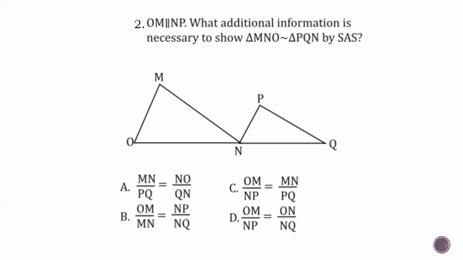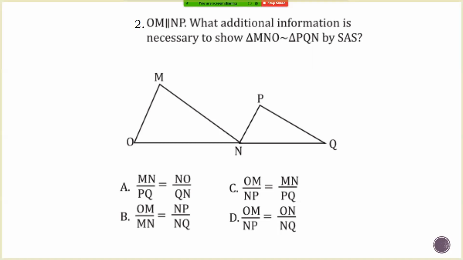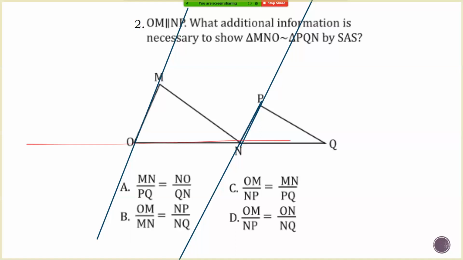So first thing I'm going to do, close enough. Looking at the two parallel lines they gave us, if I have two parallel lines, I'm going to say they're cut by that transversal there.